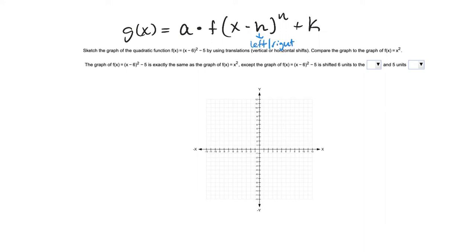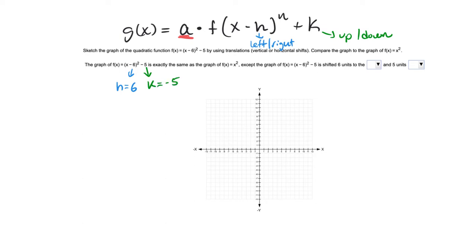The k tells us up or down. And our a tells us a multitude of things: it could be a vertical stretch or a compression, or a reflection if it's negative. But as you can see in this function, all we have is an h value of positive 6, remember, because it's x minus h, and a k value of negative 5.